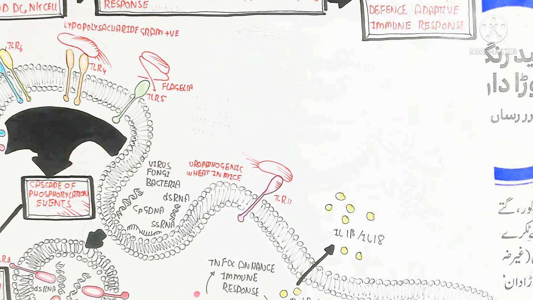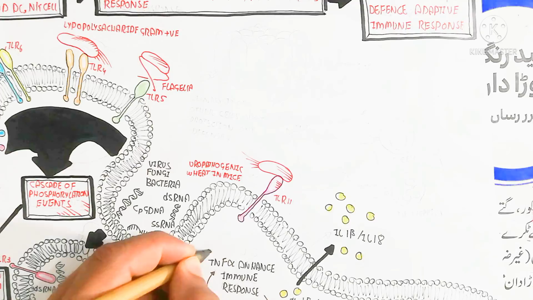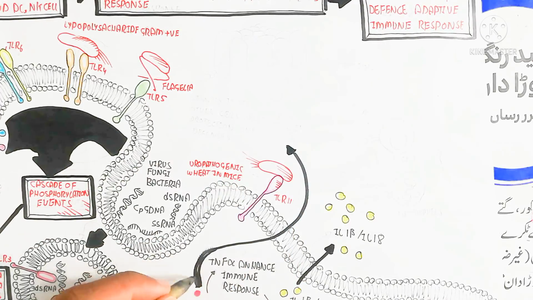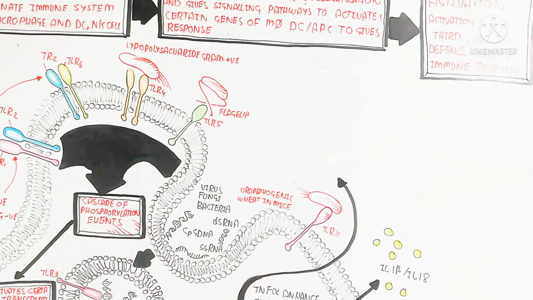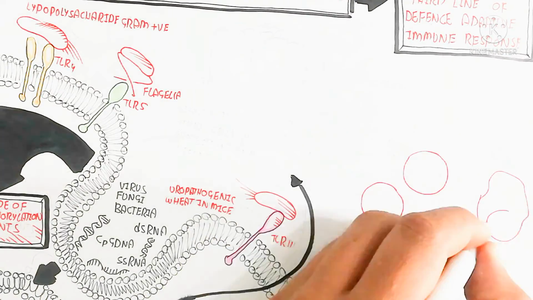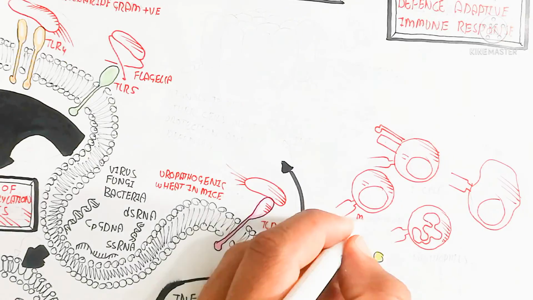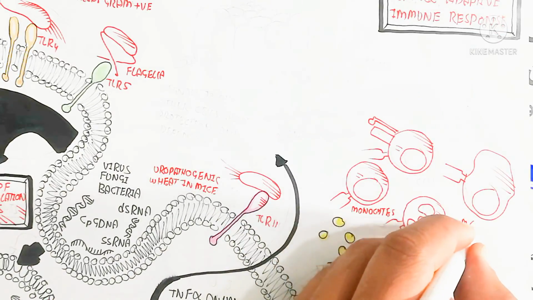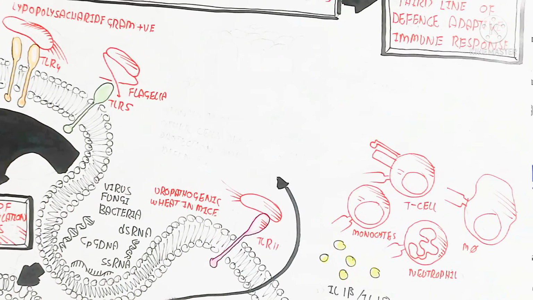So in this way, tumor necrosis factor alpha enhances the immune response. And there are other inflammatory cytokines that will be produced, used for differentiation, proliferation and apoptosis.